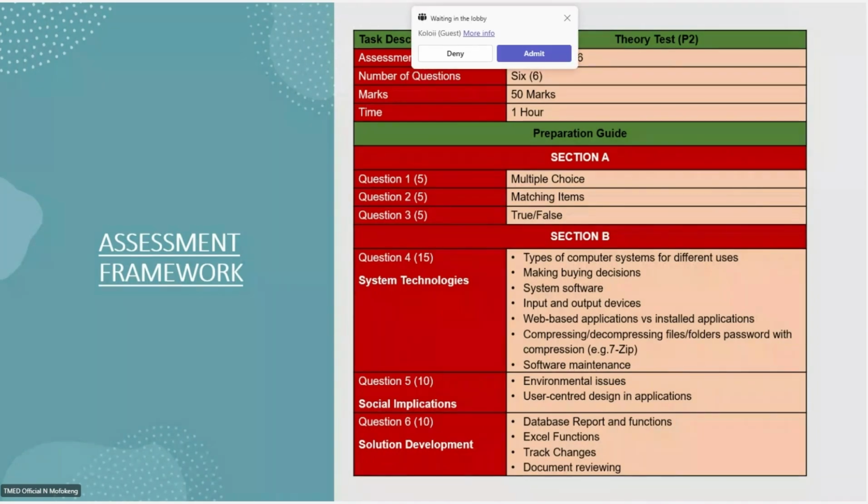So those are the software that you actually need to go and prepare yourselves on. So unfortunately, we do not know what the question will actually be about. Your input and output devices: I think by now you are familiar with the input and output devices. We've been doing them since grade 10.